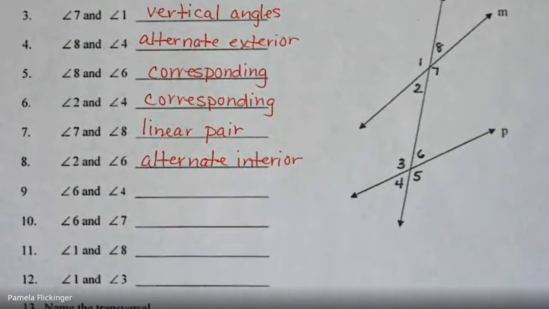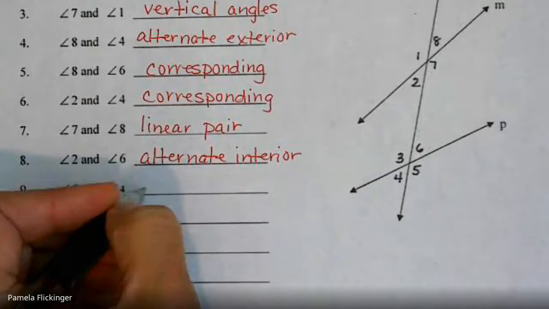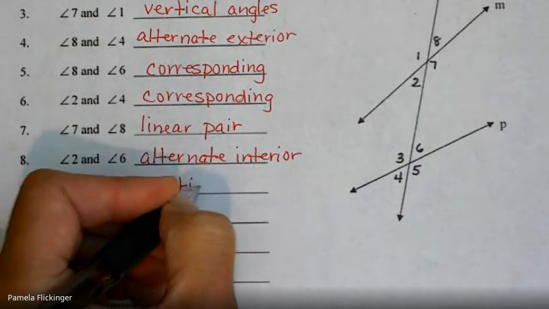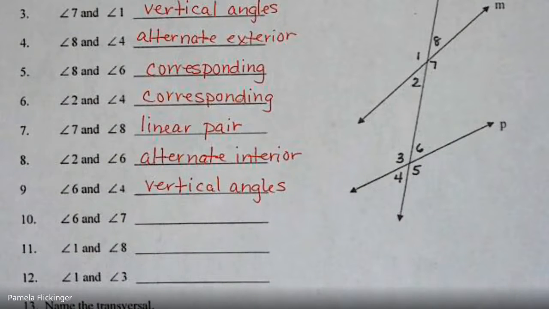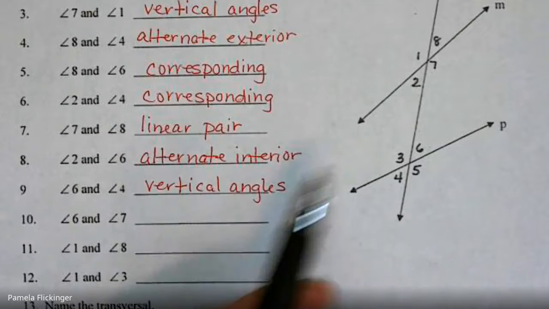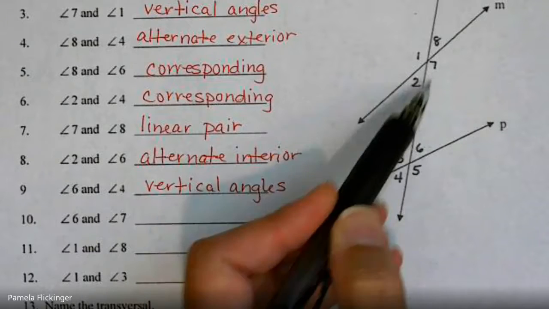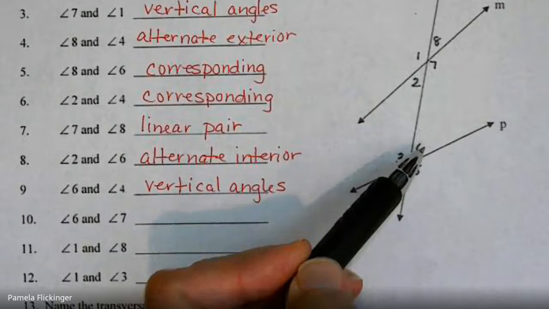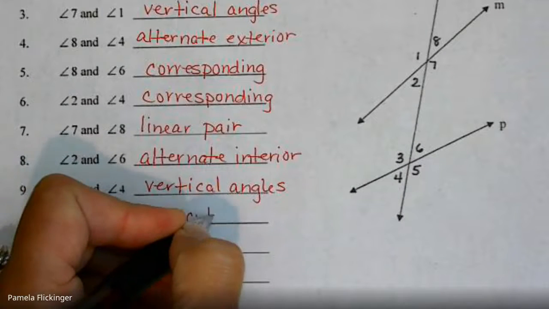All right, 6 and 4, same cluster. These are opposites. So those are vertical. 6 and 7, they're on the same side and they're both interior. So we call our same side interiors consecutive interiors.